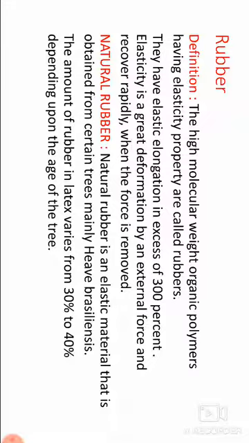The amount of rubber in latex varies from 30 to 40% depending upon the age of the tree. Whenever the rubber tree is older, more rubber is obtained, and when the tree is younger, the amount of rubber decreases.